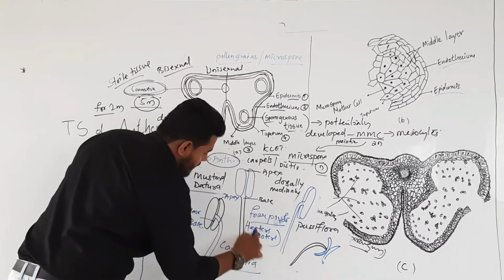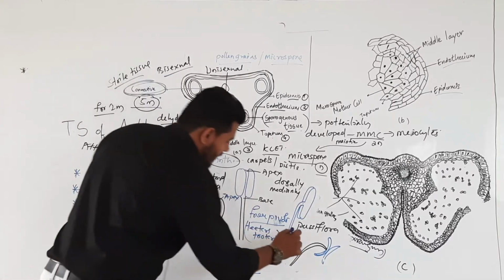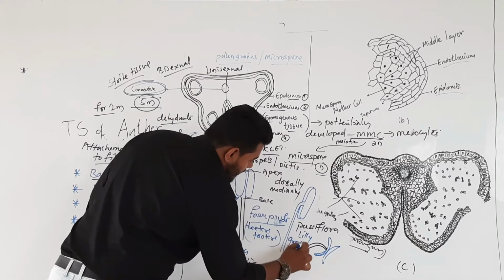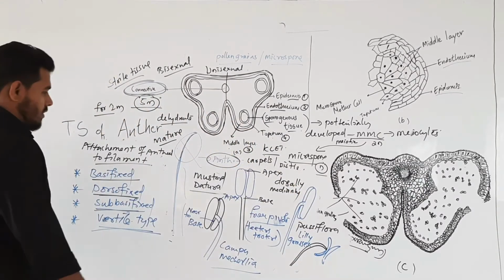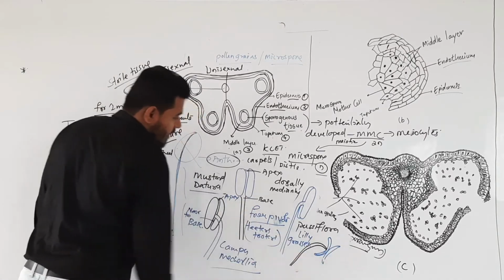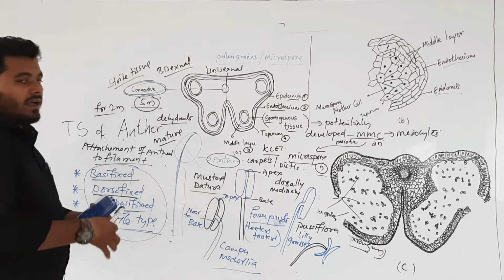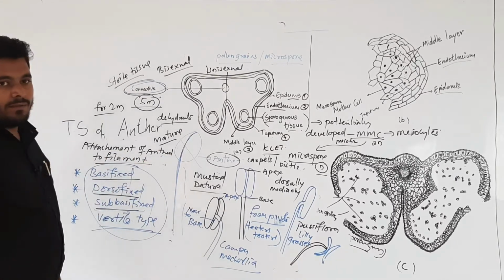This type of arrangement is also called teeter-totter. You can take the example of night lily and grasses. Such types of flowers, these anthers, you can observe. So these are the 4 types of attachment of anther to the filaments.